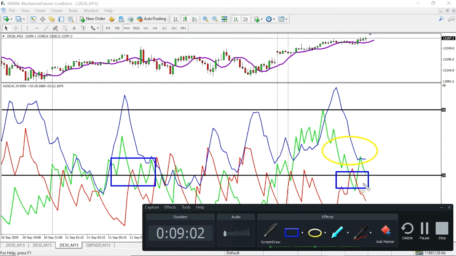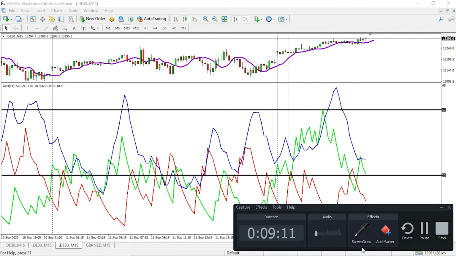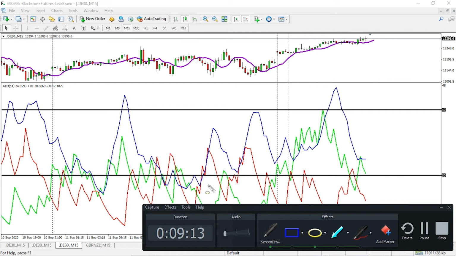If at the same time we have the red or the green crossover and the blue is below 20, then it's not a trade. So here's an example. You see red and green cross over each other multiple times, and blue is under 20. That tells me that it's not worth trading just yet.